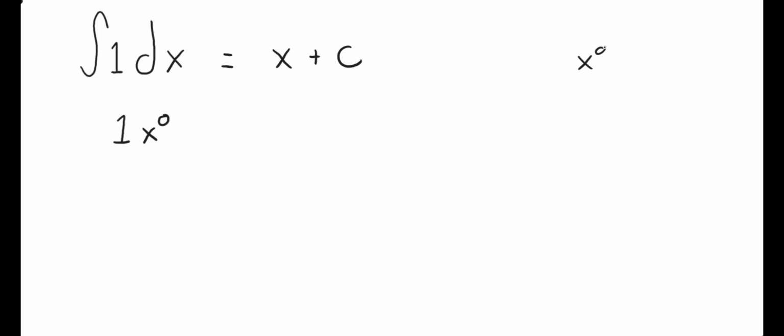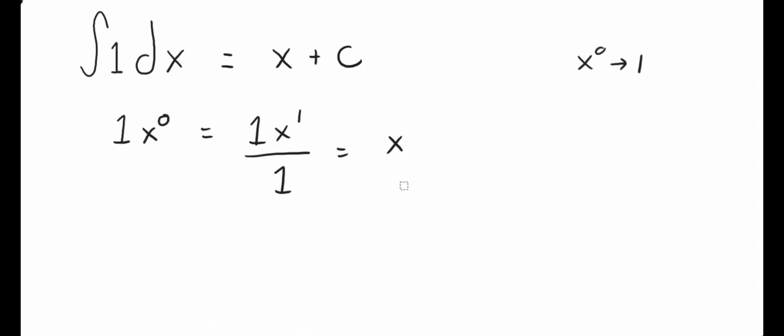X to the power of 0 equals 1. So by doing the integral of 1 dx, we're turning that x into an x to the power of 1 divided by 1, and that's how we get that x to appear.